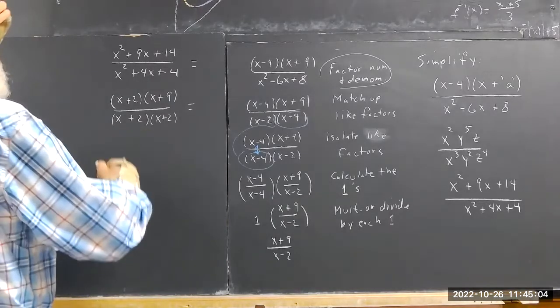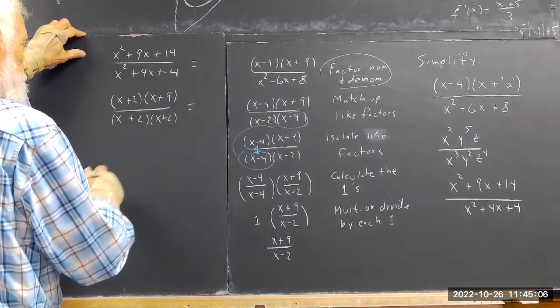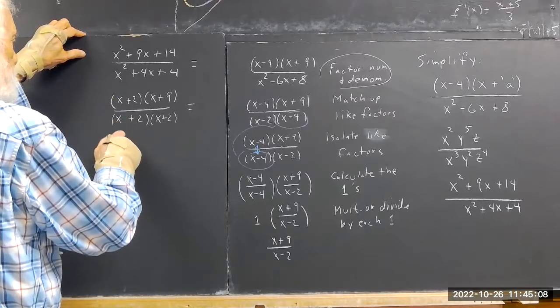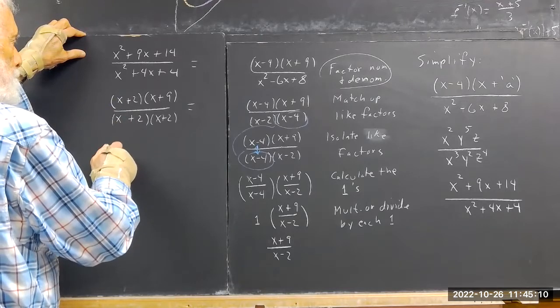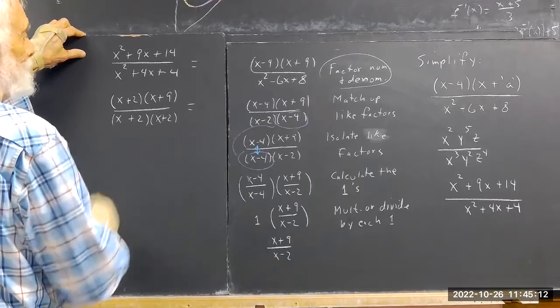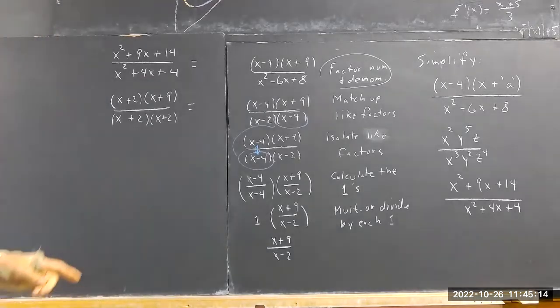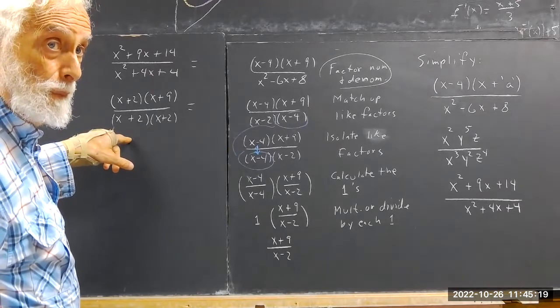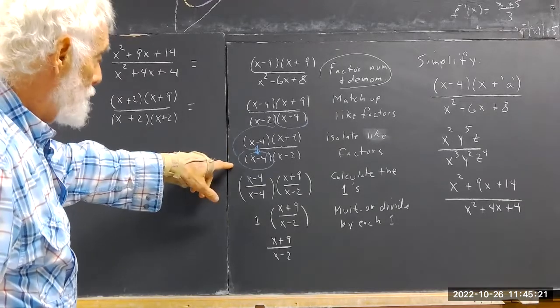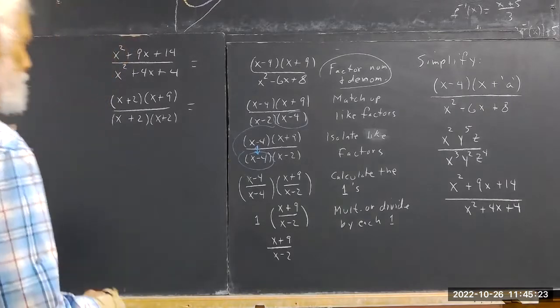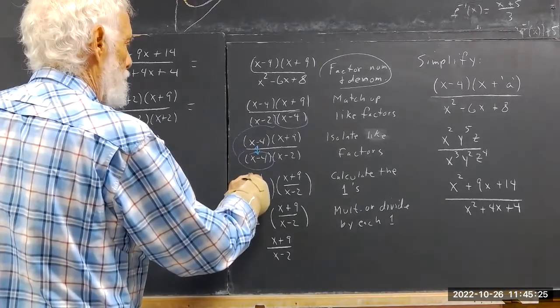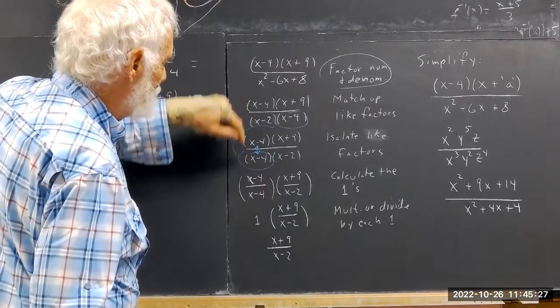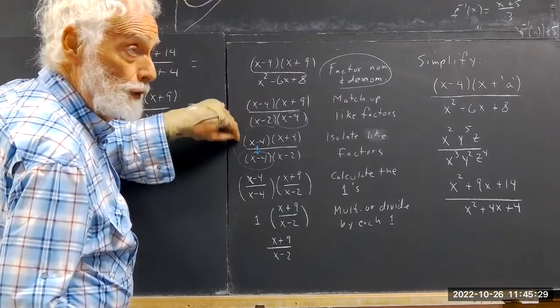Okay, so in this case, we got the x plus 2s actually matched up. So this really is pretty much like the third step, right? But if you're going to write out the third step, in general, things that match up are not immediately one over the other.